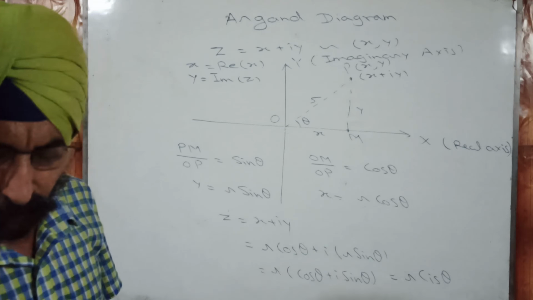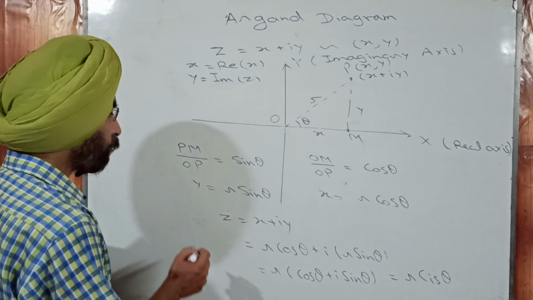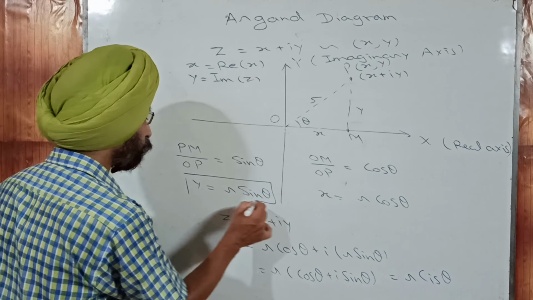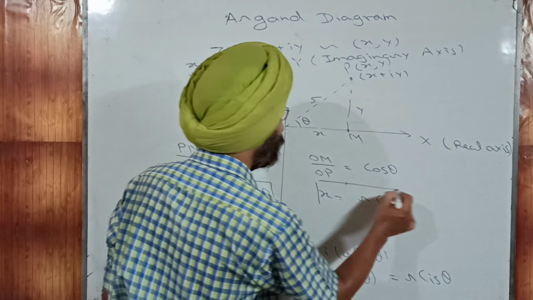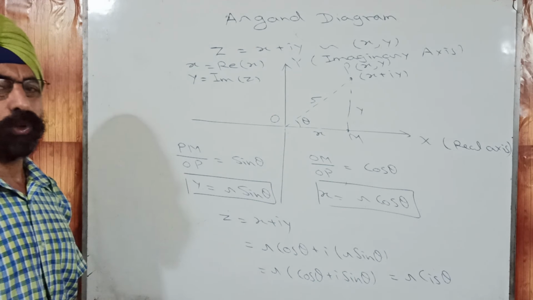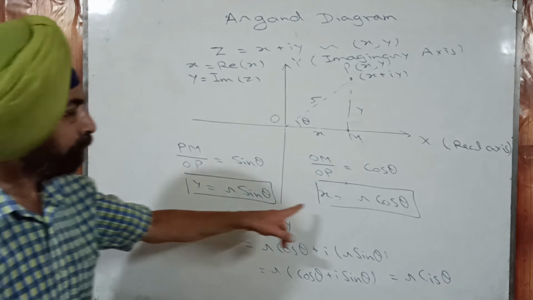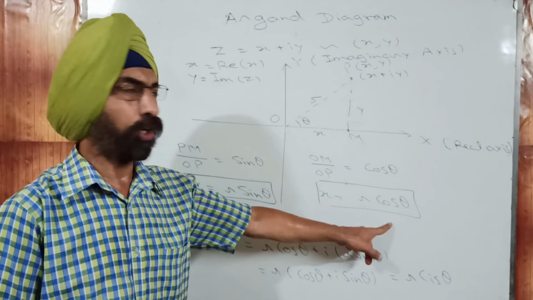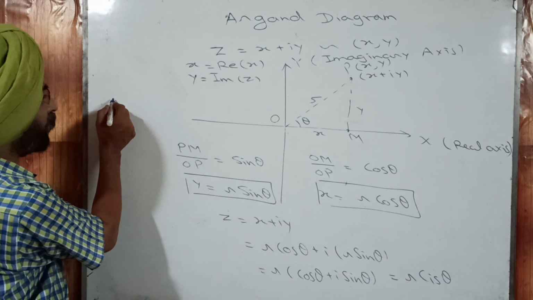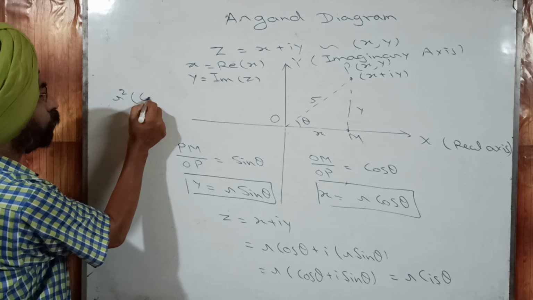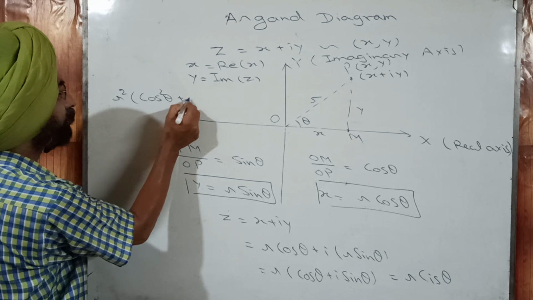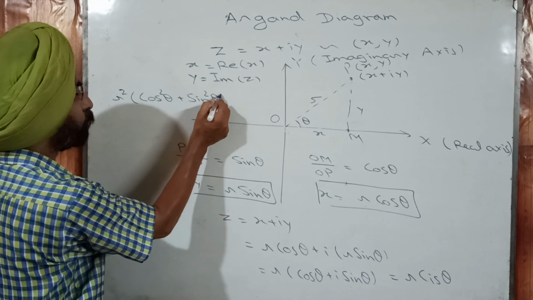Once again, if you square and add these two, what are you going to get? This is your r square sine square theta plus r square cos square theta. So r square can be taken out. You will get cos square theta plus sine square theta.